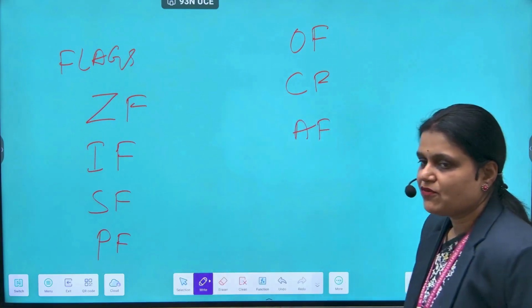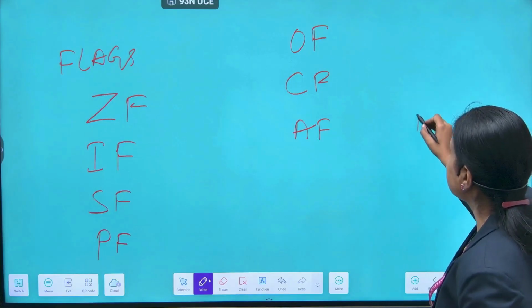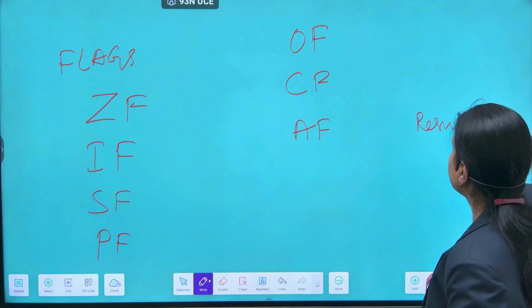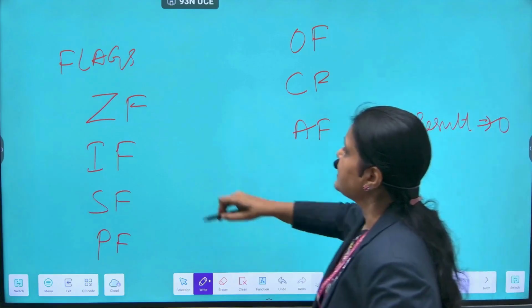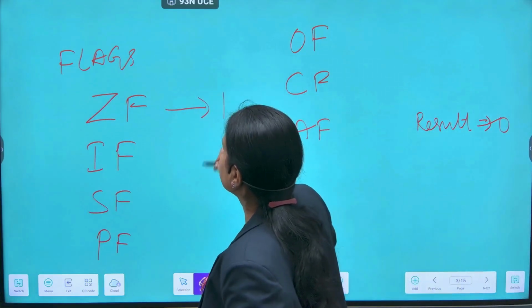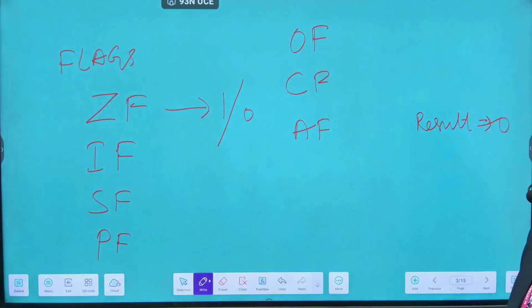When the ALU is performing operations, if the result produced is 0, then the zero flag is set to 1, else it is set to 0. And what is the interrupt flag?